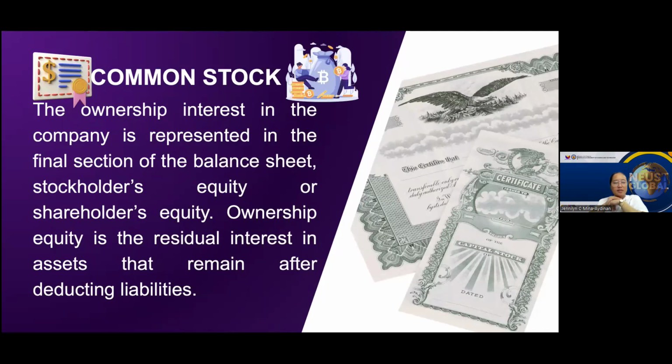So the common stock is 10,000 shares times $1, which is equal to $10,000. This amount represents the capital raised from issuing common stock, and any dividends would be decided by the board.